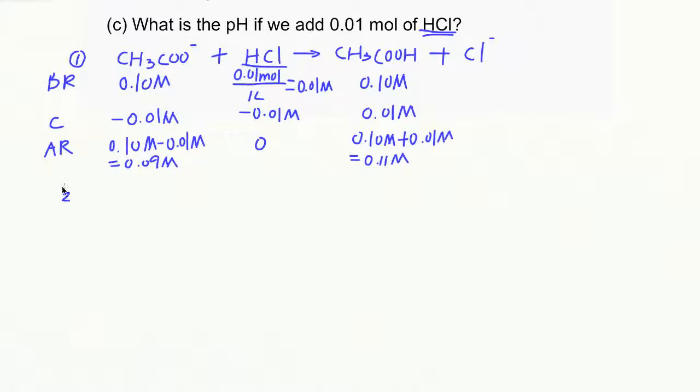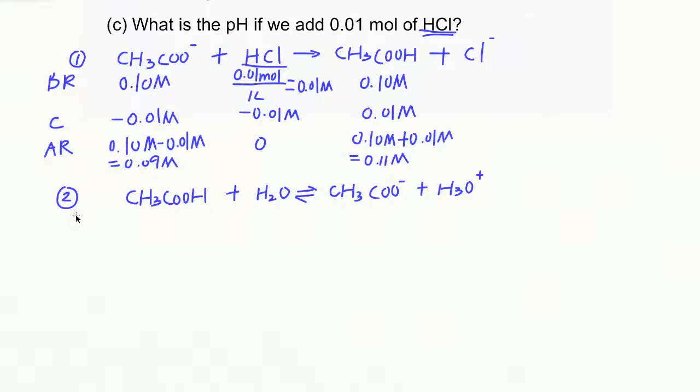The second step is to use the IC chart to find out the new pH value from this buffer solution. Here's the equation that we need to use: CH3COOH in water, at equilibrium generates the conjugate base and hydronium.